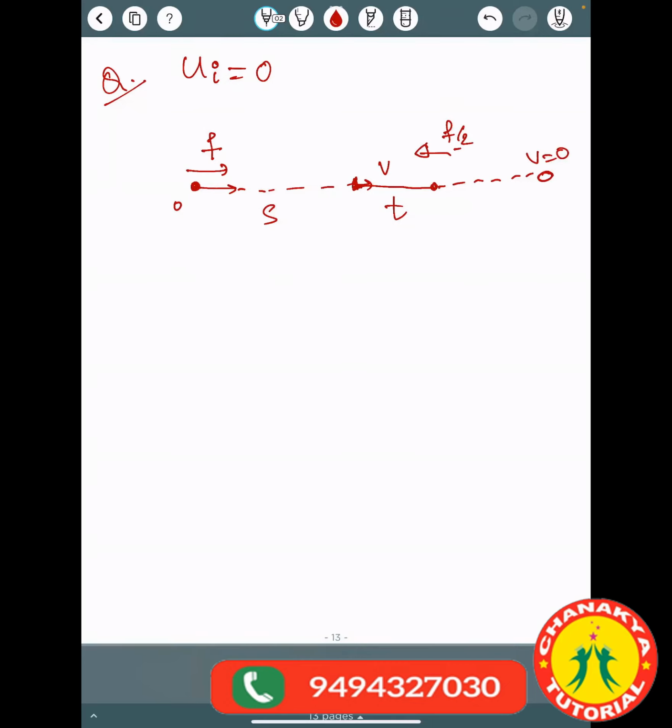They are saying the total distance traversed is 15s. This total distance is how much? 15s. Then they are asking what is the value of s, in terms of f and t. Okay.